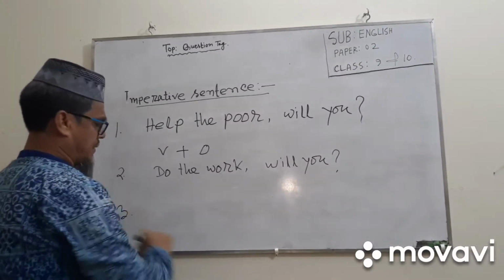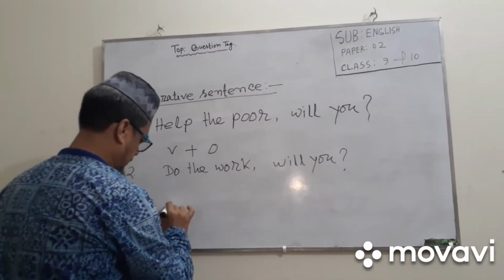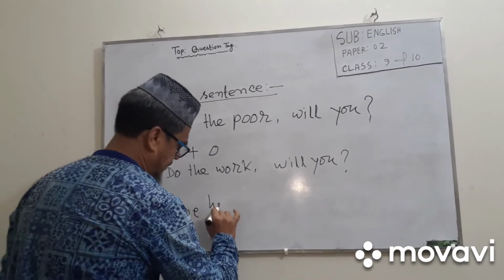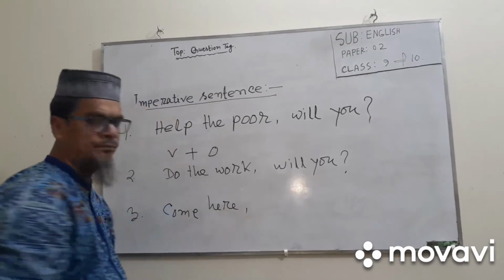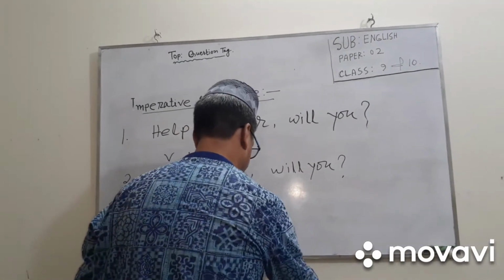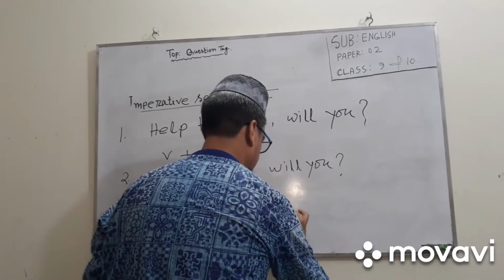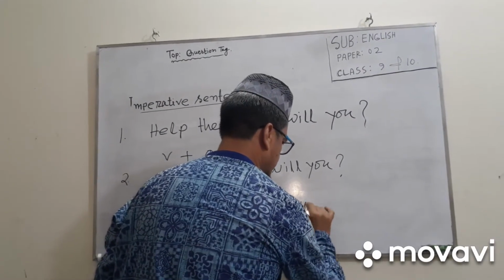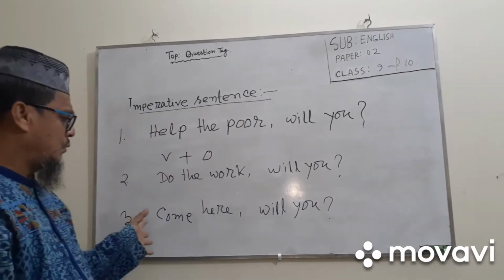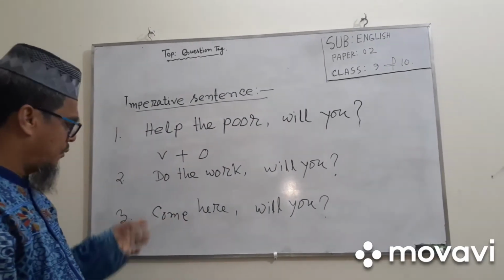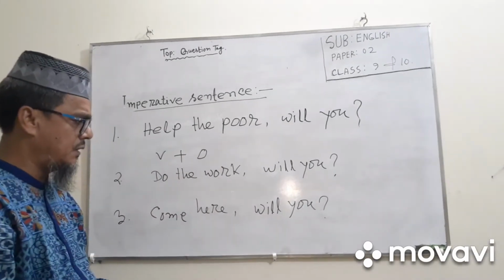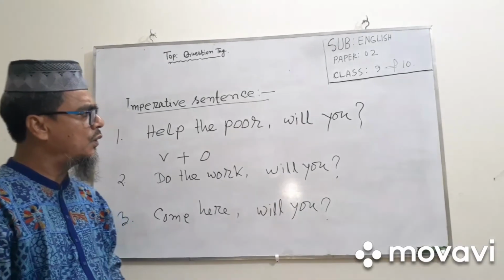Another example, come here. Please try to understand clearly. Come here. No problem. We can see at the board that it is verb plus object with you.